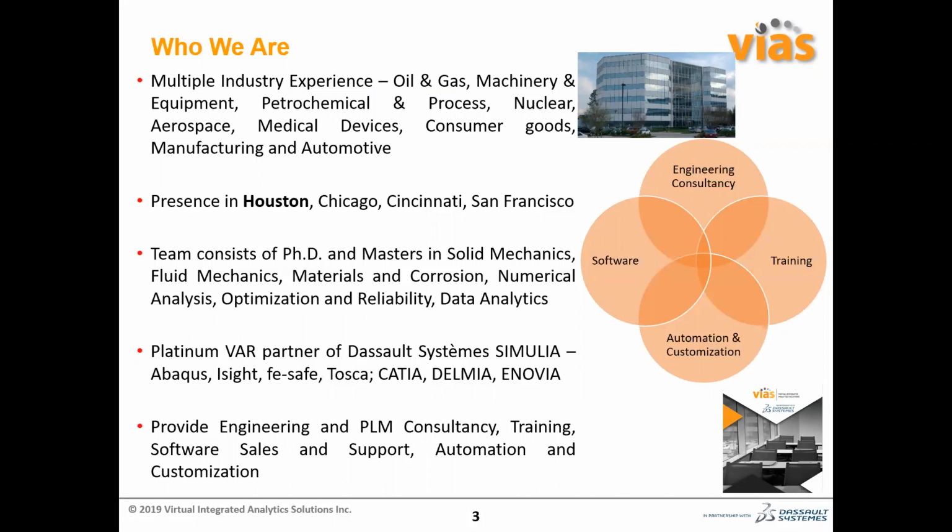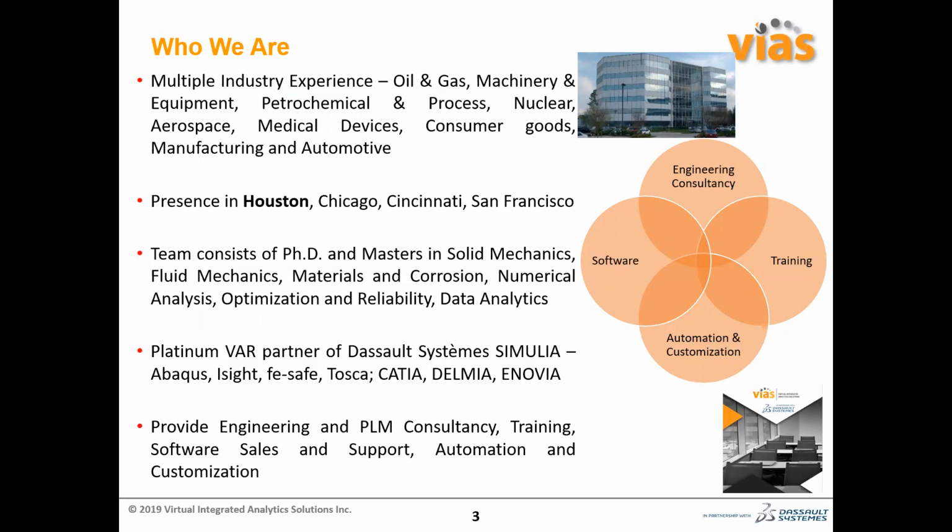Also, we have a strong team with multiple industry experience catered to industries like oil and gas, high-tech equipments, petrochemical and process, nuclear industry, aerospace, medical device, and consumer goods, transportation, mobility. So when we look into the end user problems, we try to bring the best practices from multiple industry experience, which results in optimizing the simulation model.